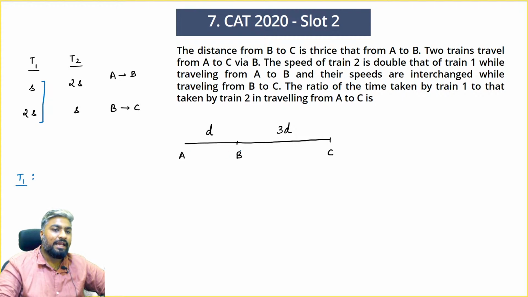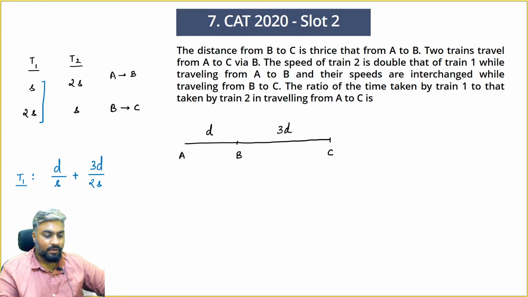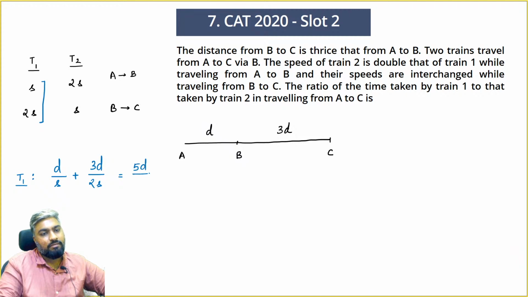To travel A to B, distance by speed, D by S, plus to travel B to C, 3 times D and 2S speed, correct? If I take the LCM, I will get 5D by 2S. This is the time taken by train 1.